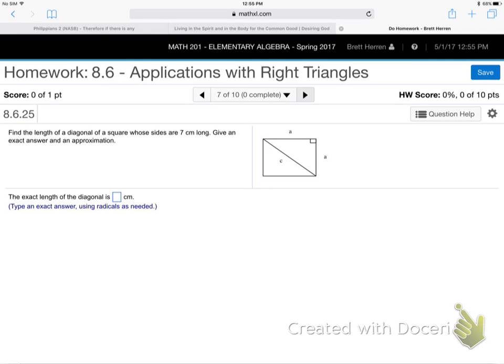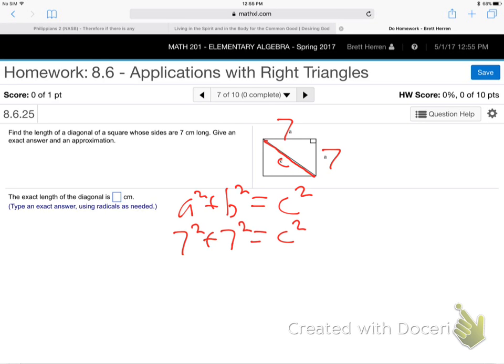So what are the sides? 7. So that means this is 7, and you're supposed to find the length of the diagonal, C. Does that make sense? So plug in a squared plus b squared is c squared, because that's a right triangle. Right? Good to there so far?